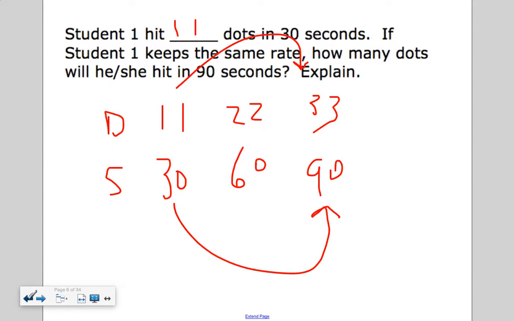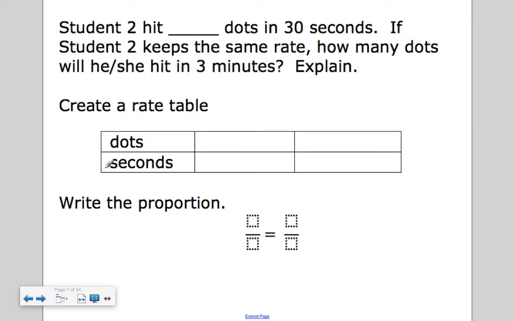Student 2 hit 23 dots in 30 seconds. If student 2 keeps the same rate, how many dots will he or she hit in 3 minutes? So 23 dots in 30 seconds. How many seconds are there in 3 minutes?